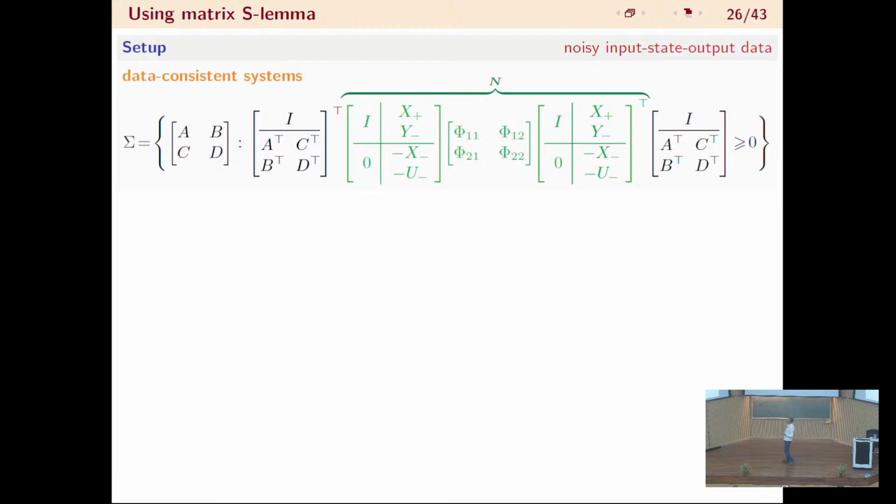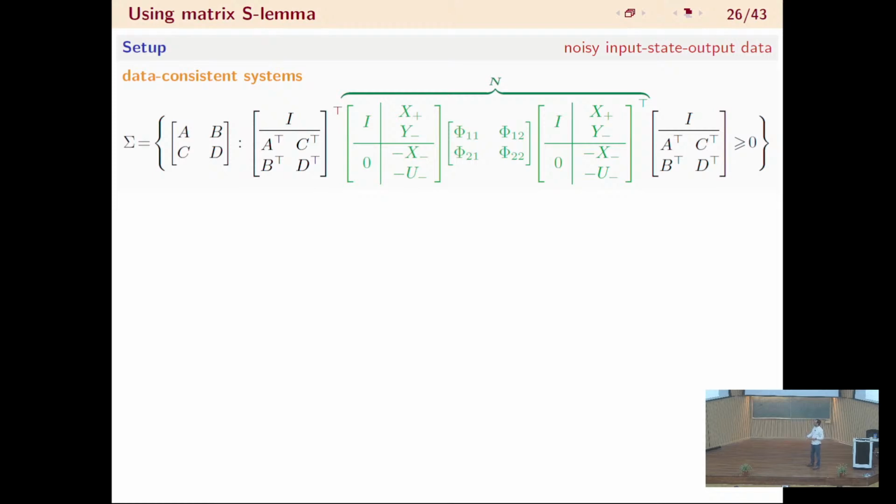Now, let's look at the bigger picture again. I have this quadratic matrix inequality, which gives me data consistent systems. Let's say this green matrix is N. And there it contains, as usual, the noise model and the data.